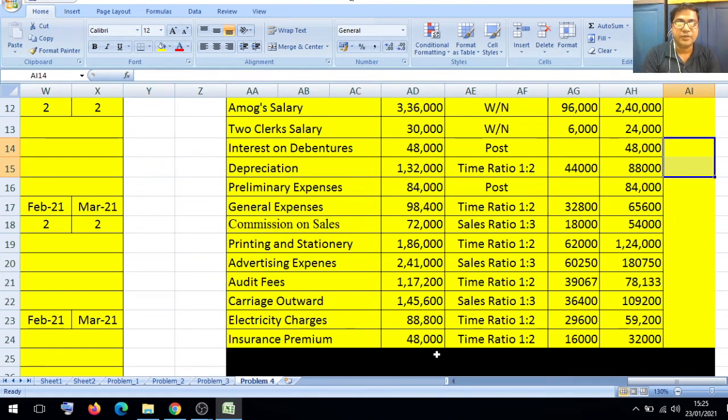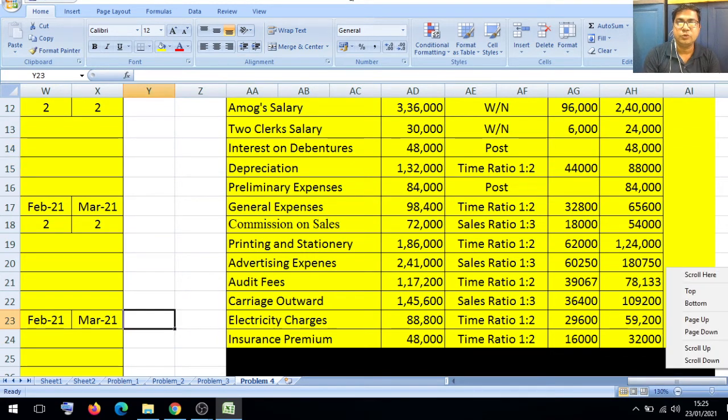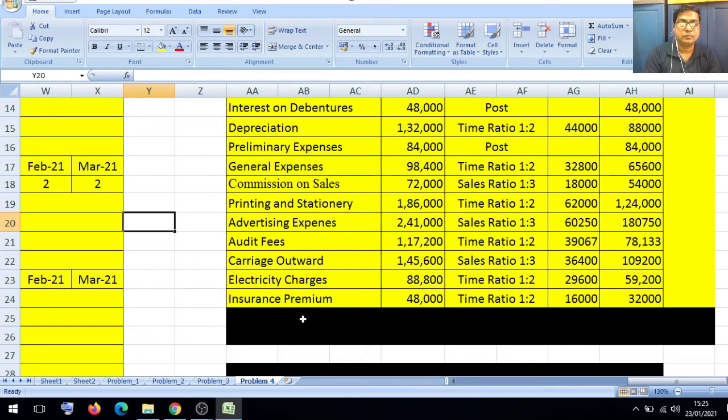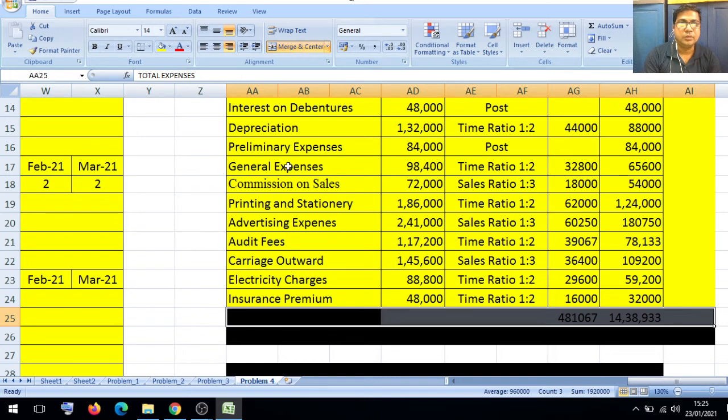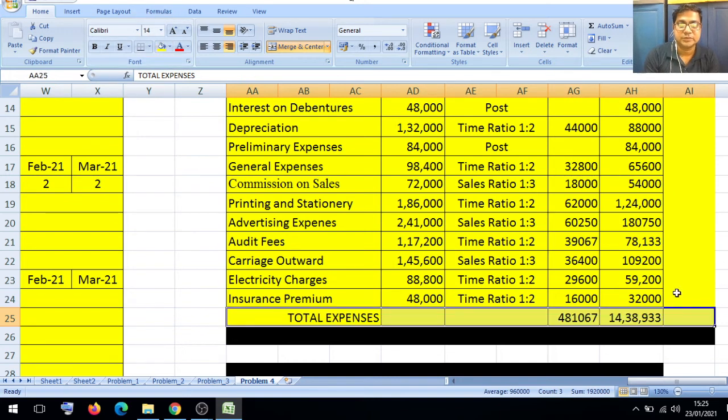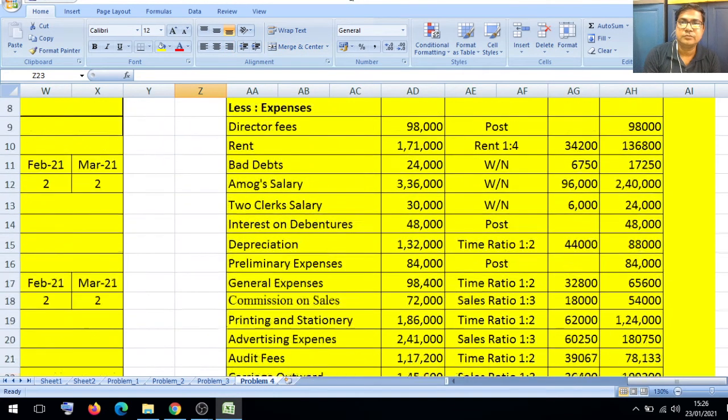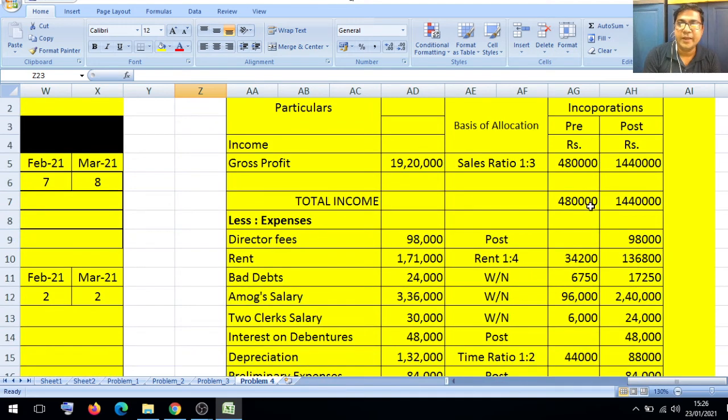Then friends, we have to find out the total of expenses. So total income we got 4,80,000 in pre-incorporation period.